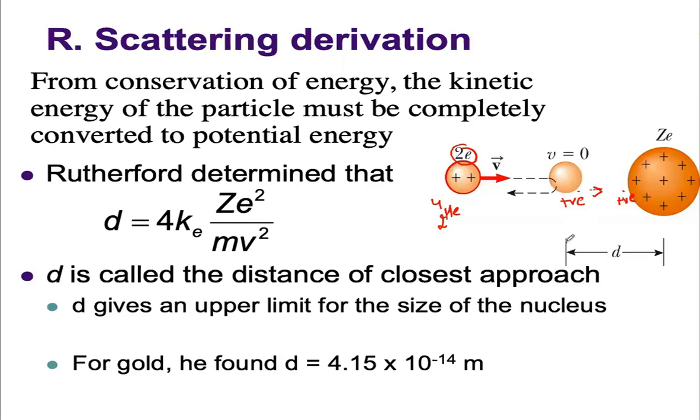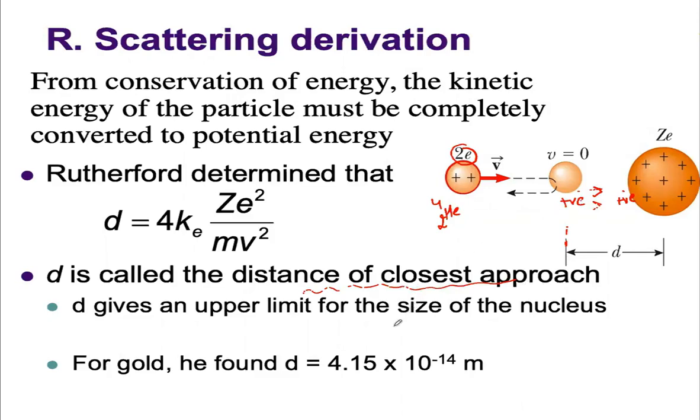He tried to find the distance known as the distance of closest approach, the maximum distance up to which these alpha particles can go closer to the nucleus. At that distance they get retraced or rebound back, and they do not move ahead because of the strong Coulomb forces between the two particles.